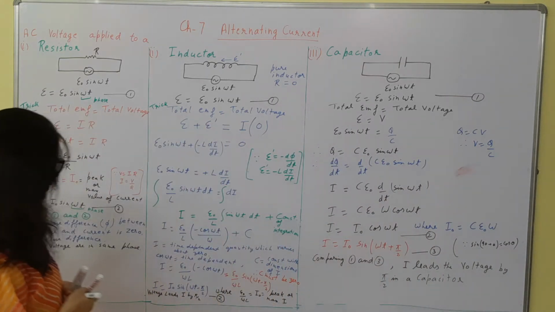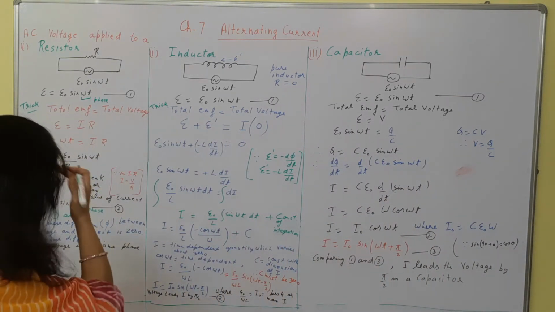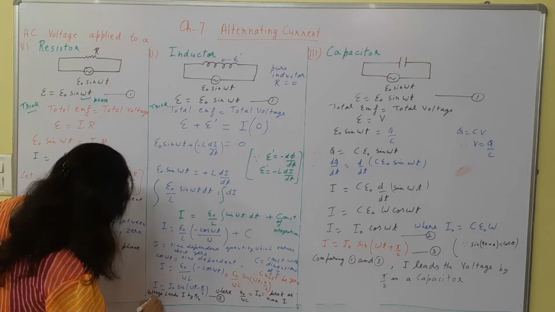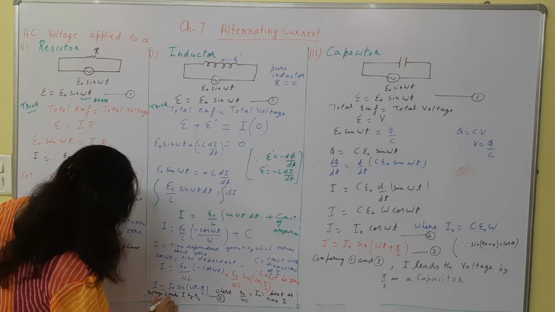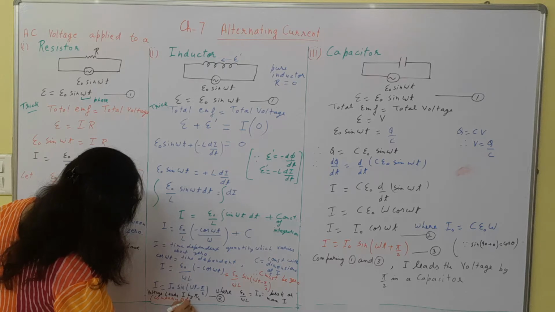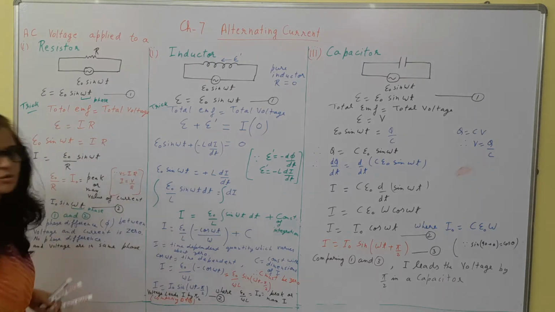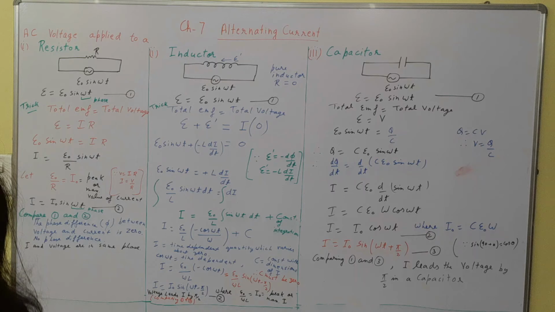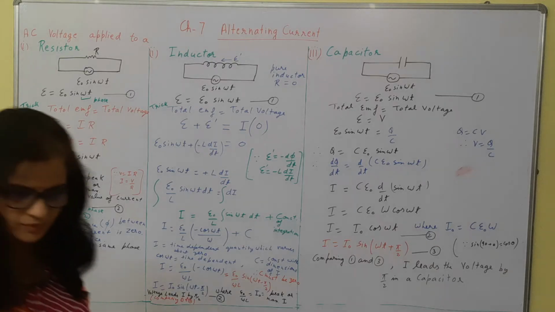Here you can mention that you have comparing 1 and 2, right? So here in these three cases we have derived the phase relation between the current and the voltage in all the three cases.